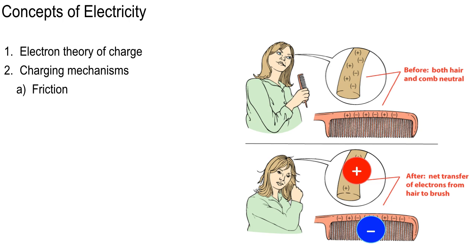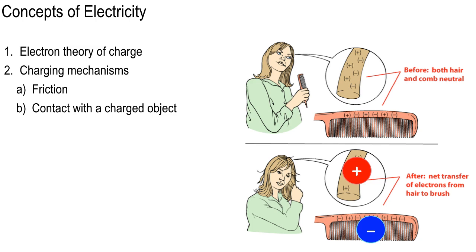It tends to strip electrons from your hair, and then those electrons end up sticking to the comb, unless it's a comb made out of metal. But if it's a comb made out of plastic or something like that, that's what's going to happen. Now, you can charge something up by placing it in contact with another object that's already charged up.